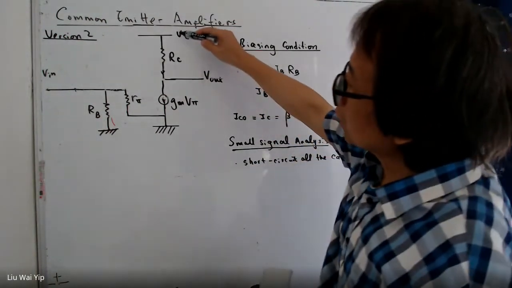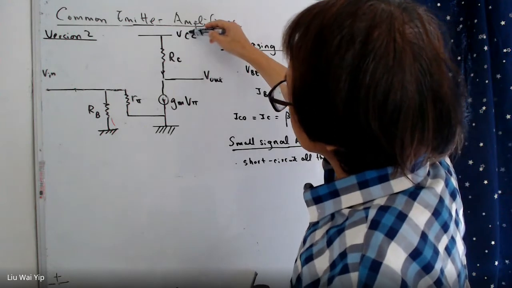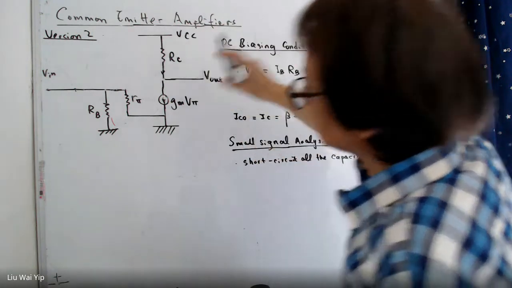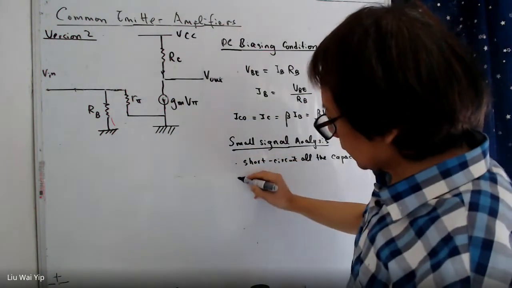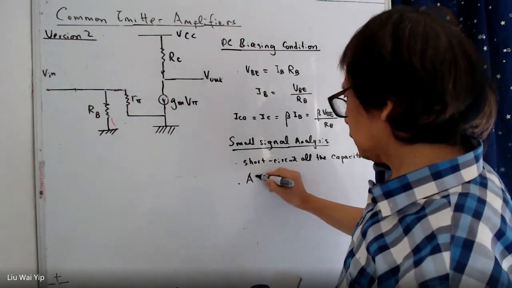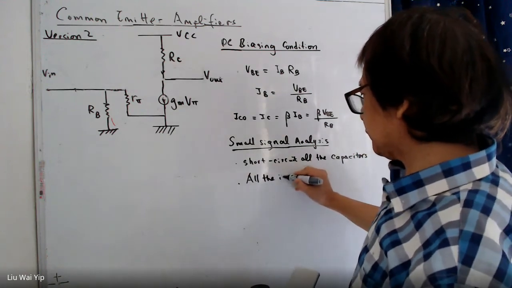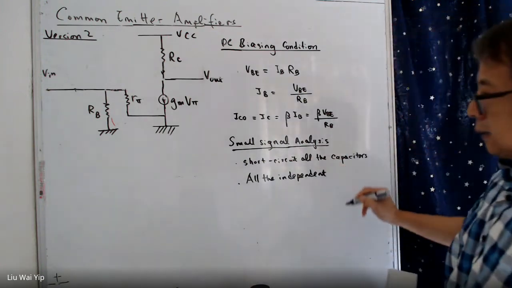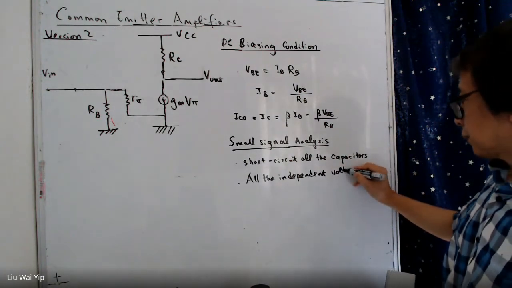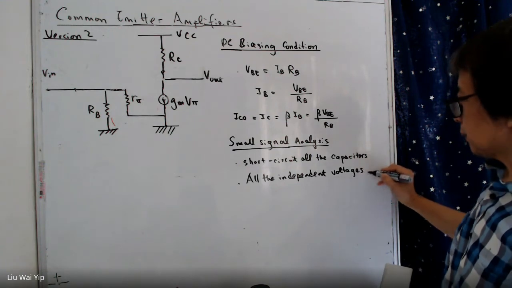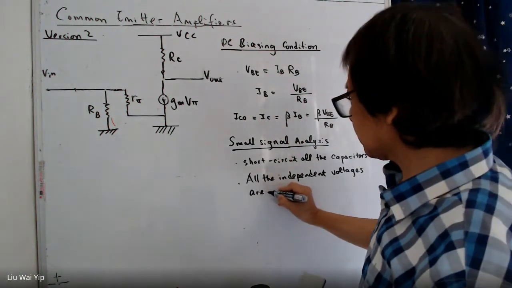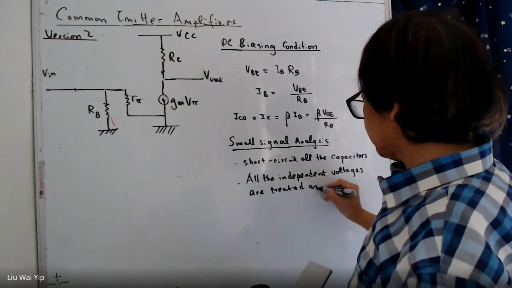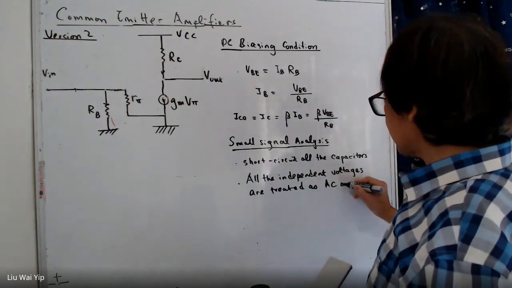And all the independent DC voltage sources are considered as AC ground. All the independent voltages are treated as AC ground.